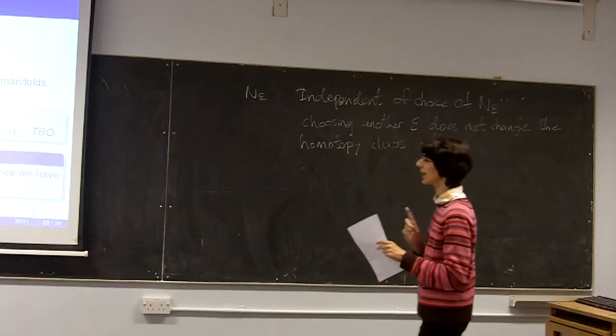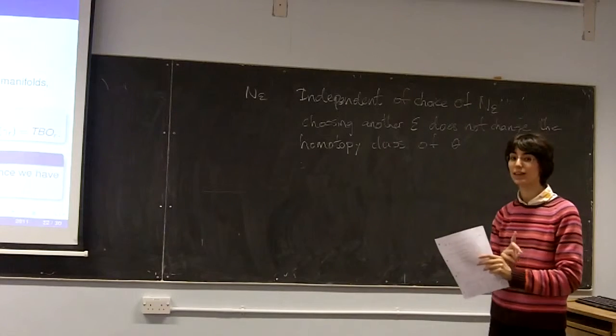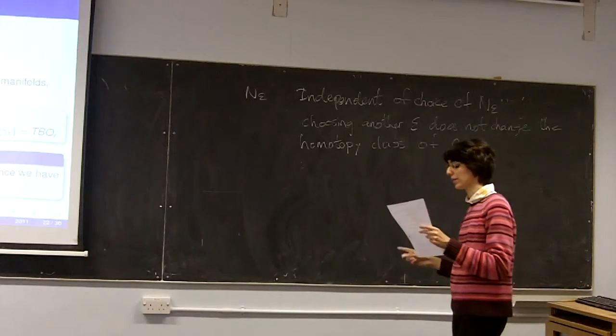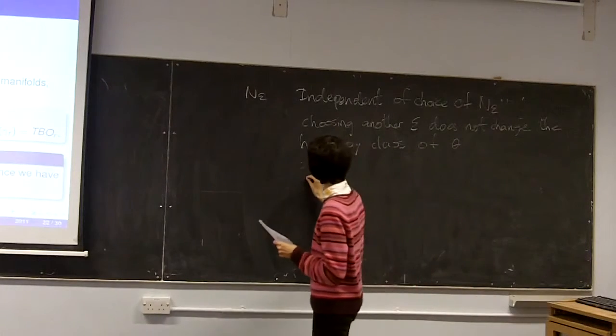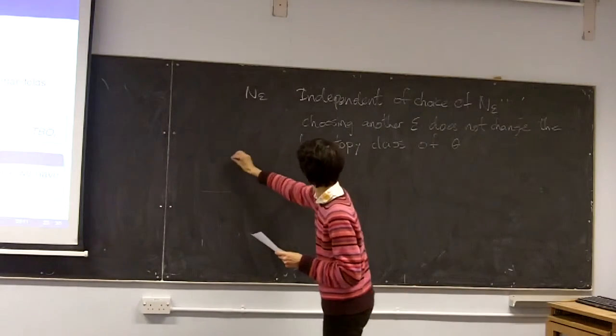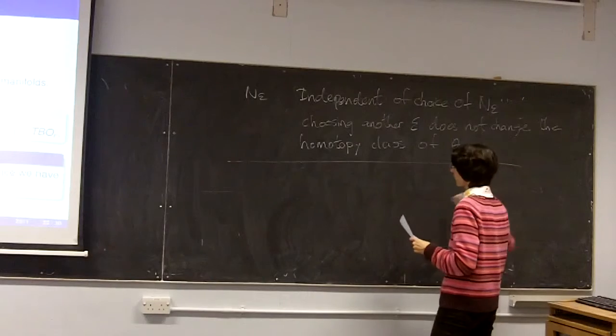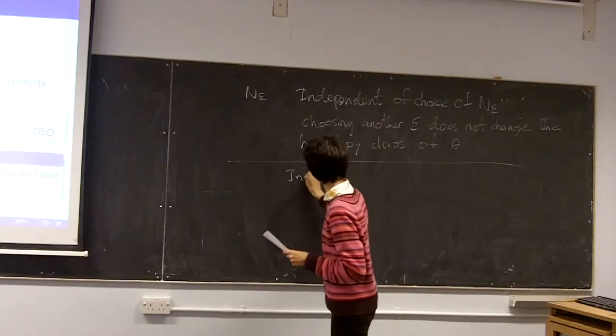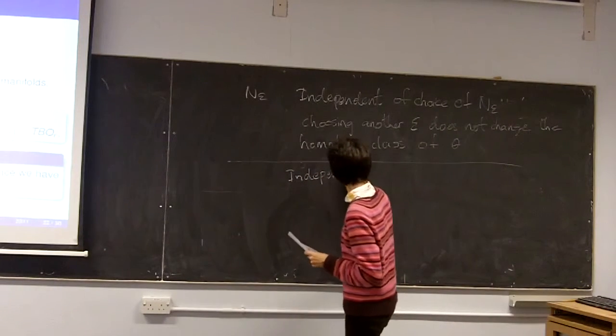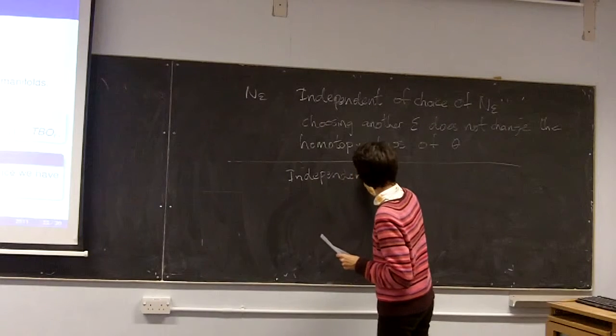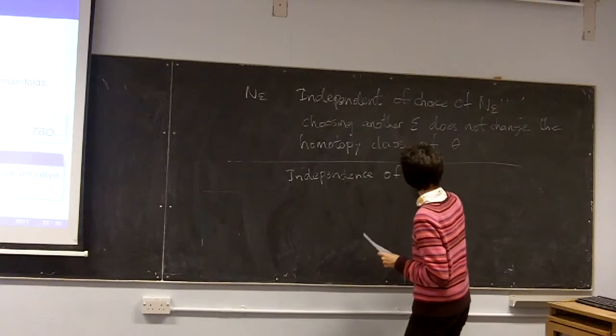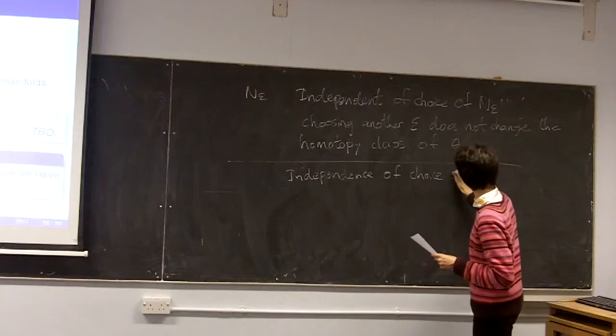And we also had a choice of embedding of M into R^n. So we also need independence of the choice of embedding.